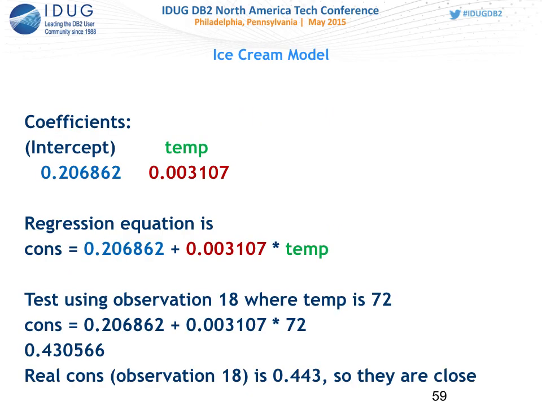But here's where to me it got interesting, because you get this little equation, which says consumption, and you use this as your static value, and you calculate this with the temperature. So I said, okay, I wonder what the consumption will be when it's 72 degrees. So I calculated that, and then I went back and looked at the real data. And the real data says that the consumption was 0.443 when the temperature was 73, and my little equation gives 0.43. So that's actually pretty close.